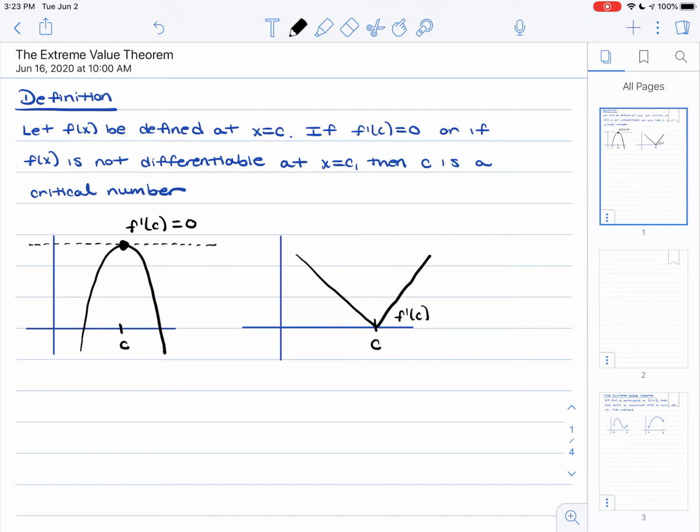Those can either occur at the relative max and mins, which is where our derivative is equal to 0, or they can occur at the endpoints. All right, so let's go ahead and take a look at an example of using this extreme value theorem.